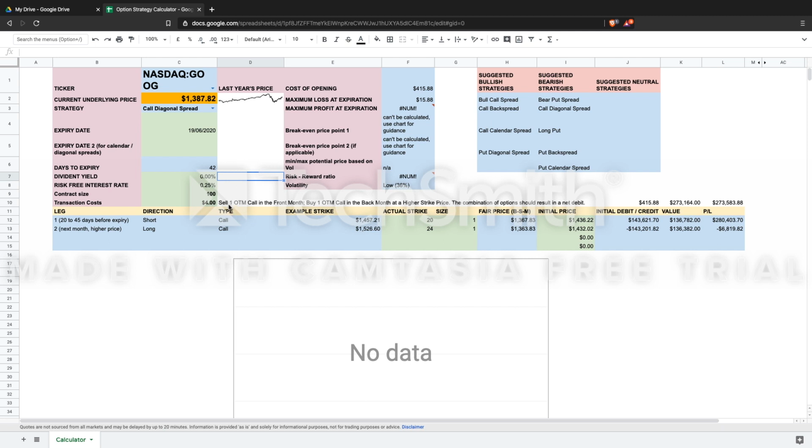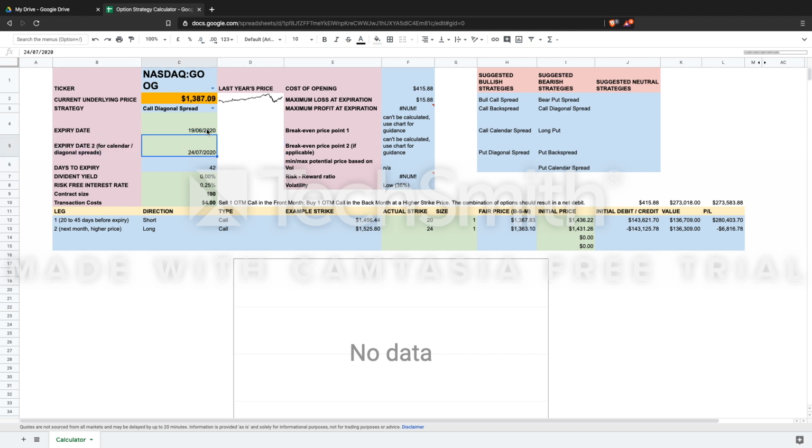So if I go by the definition, it says that we should sell 1 out of the money call in the front month. So that's the option expiring on the 19th of June. And we should buy an out of the money call in the back month at the highest strike price. So what we can do is we can select a later expiry date for the second leg.